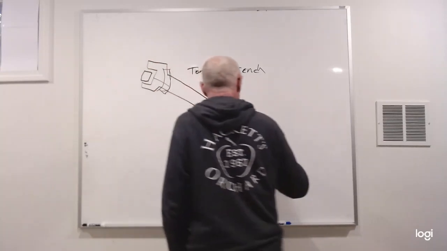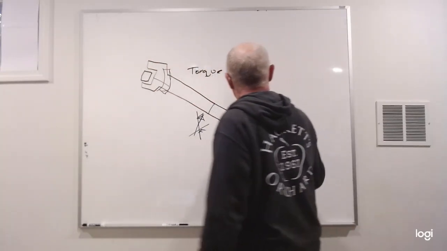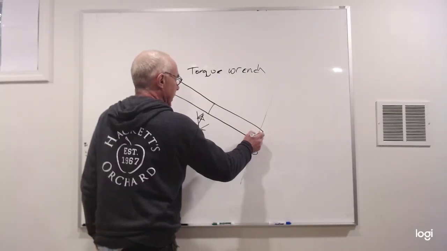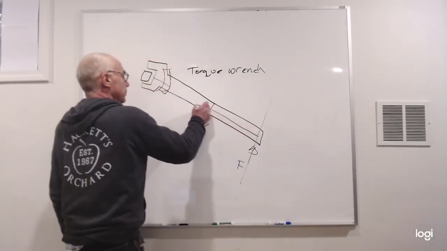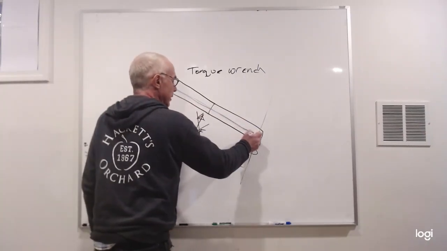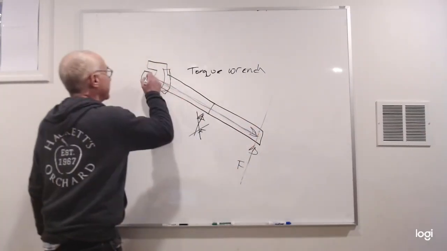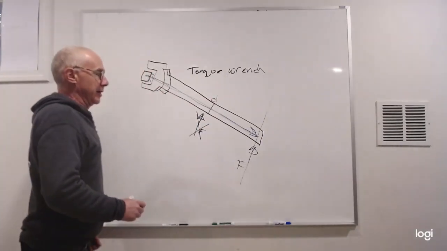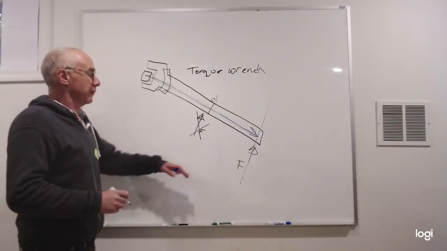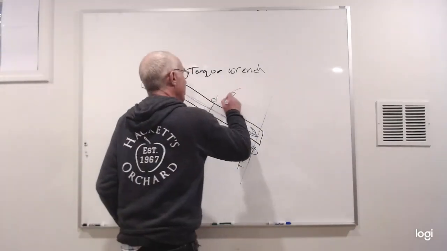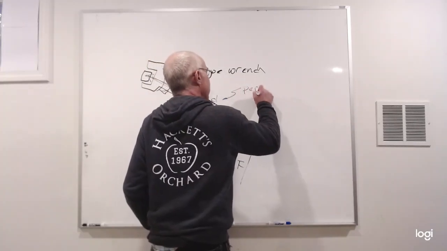You have your line of action of your force, and we're going to draw a line perpendicular to that, to the point where we're evaluating the moment. And so I'm going to take that distance, d, that's my perpendicular distance, and the moment equals the force times that perpendicular distance.